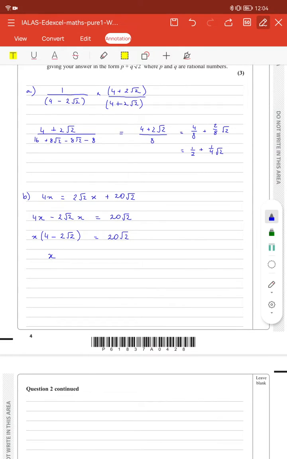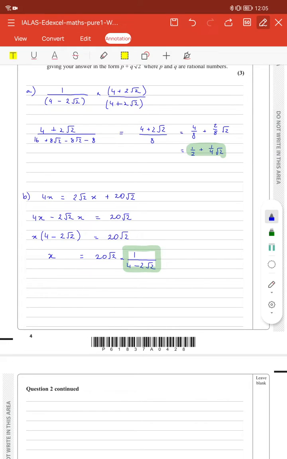And here we get x. If I divide it, that's the same as me multiplying by 1 over 4 minus 2 root 2. And we have already worked out that this is equal to this.